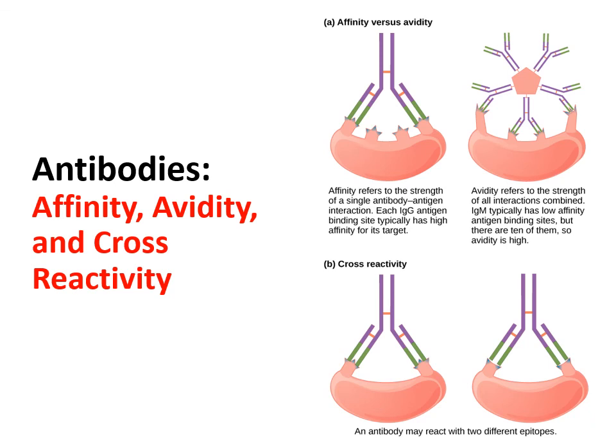Okay, so avidity means higher numbers, more antibodies. Lastly is cross-reactivity, and that basically means that there are sometimes different epitopes to antibodies and antigens, meaning slightly different shapes. Okay, so sometimes cross-reactivity means that the same antibody might be able to bind or interact with a few similar antigens rather than just one specific antigen.